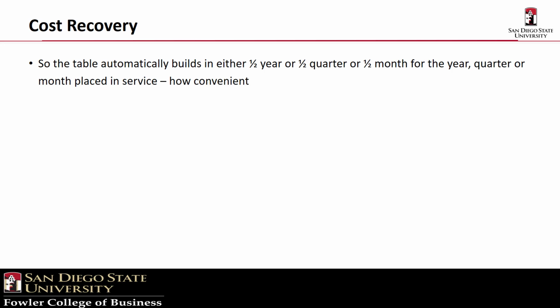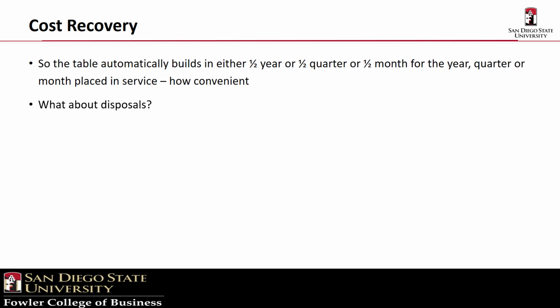So we have found that the tables build in whatever the convention is. That is, we do not take the first year factor from a half-year table and only use 1/2. We use the whole factor because it's already considered as 1/2. This works great because, well, there's only 1 year you can place property into service, and that's the first year. But you can take property out of service at any time.